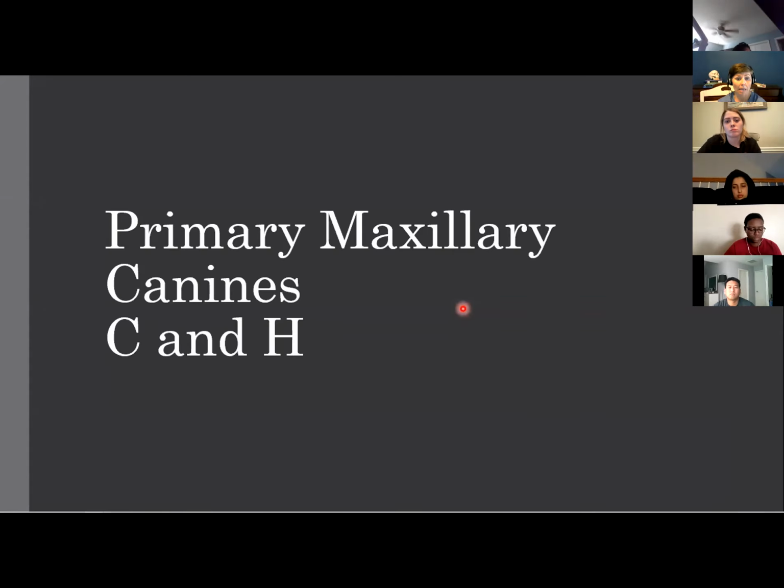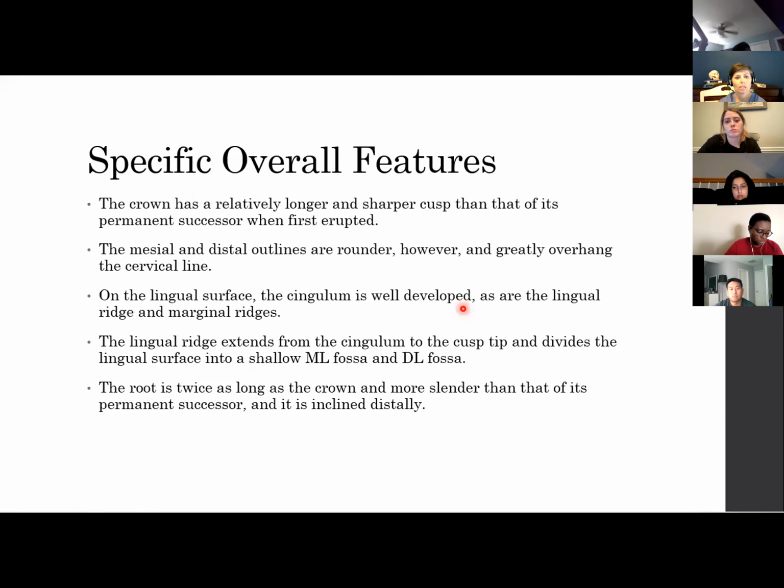All right, maxillary canines, C and H. The crown is relatively longer and has a sharper cusp than that of its permanent successor when first erupted. The mesial and distal outlines are rounded, however, they greatly overhang the cervical line.